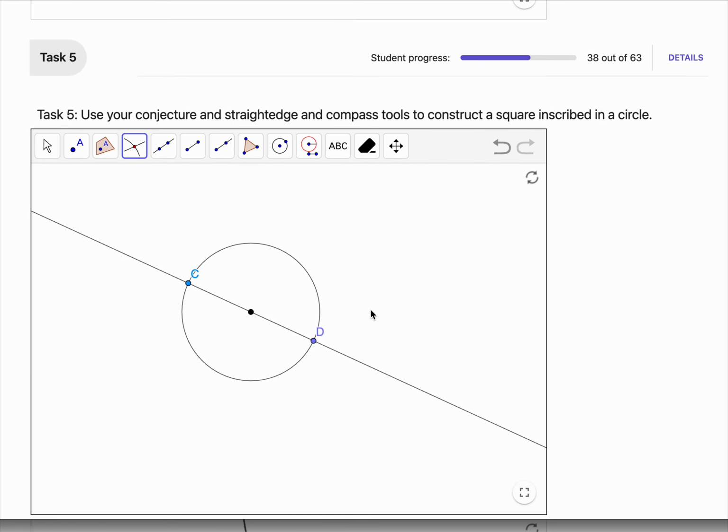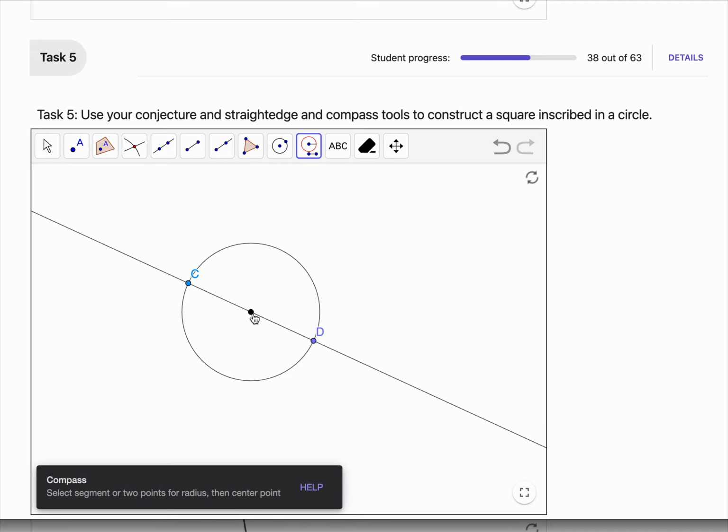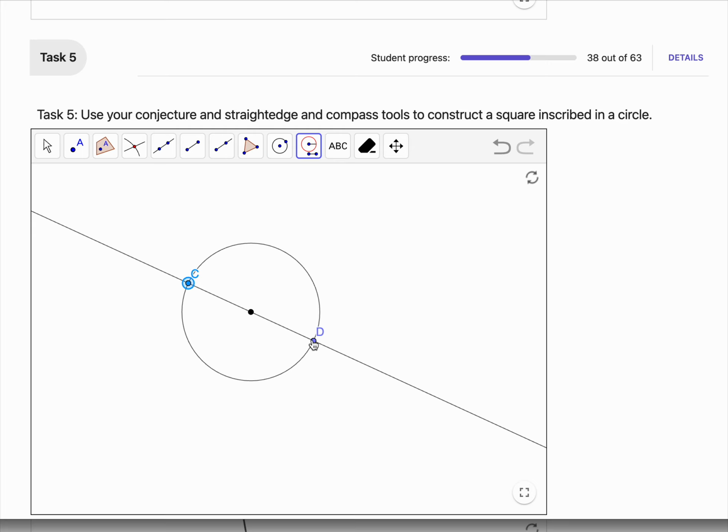This time it has to be at a right angle. I want it to be exactly a right angle. So I'm going to use the compass tool, and I'm going to create a perpendicular bisector that goes through the center of this circle. The perpendicular bisector is based on two points that are the same distance from my target, and my target is that black dot right there.